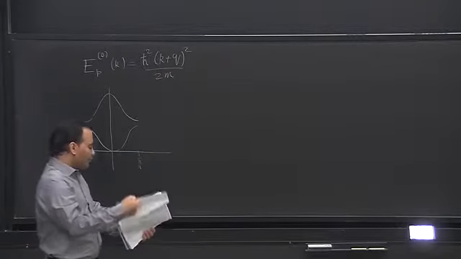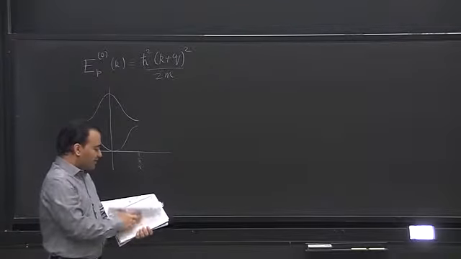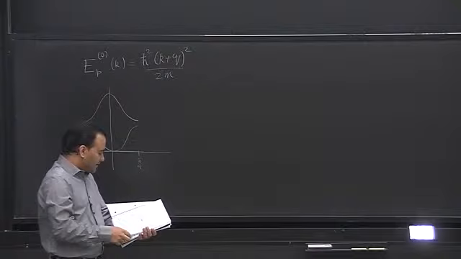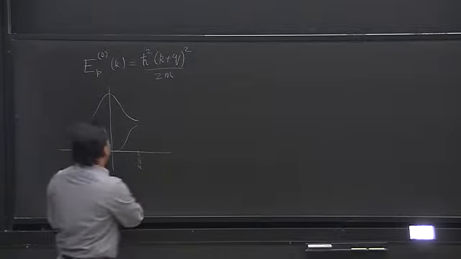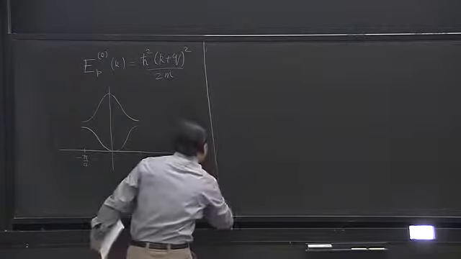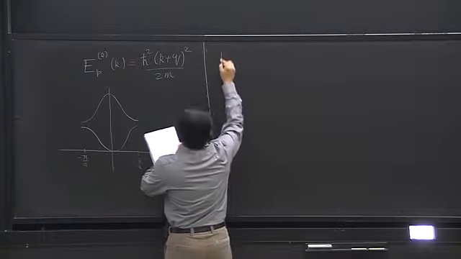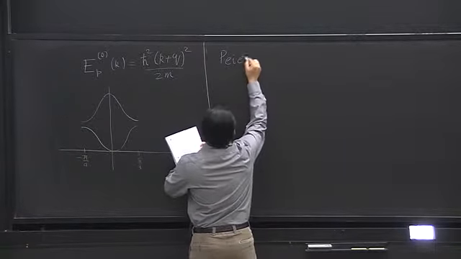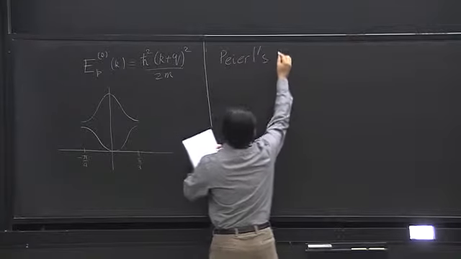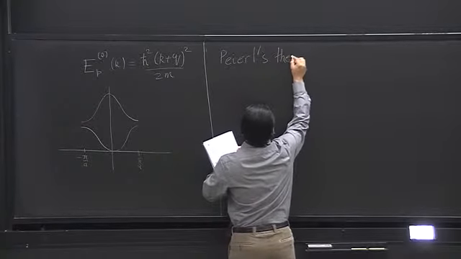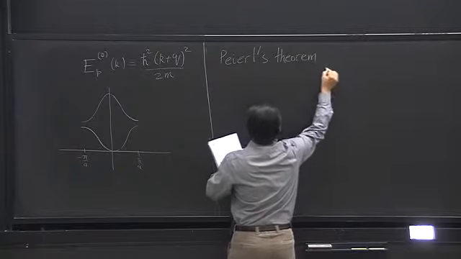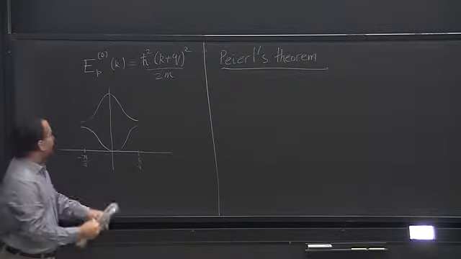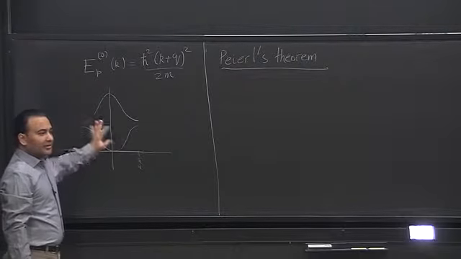So next, what I'm going to show is an important theorem in condensed matter physics. It's called Peierls' theorem. And it is very easy to understand using simply this band structure.